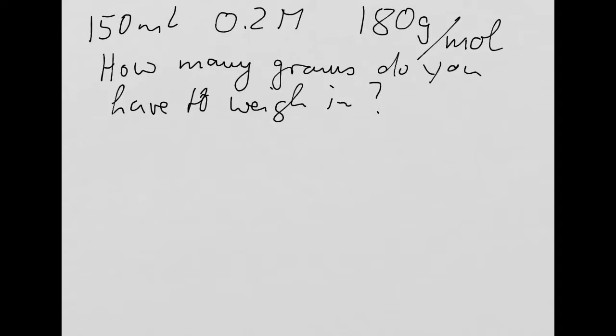Grams. We want to know how many grams we want to weigh in. So first we write down the unit, gram. It reminds us that this is what we are looking for, the unit. And then we draw a big fraction line.